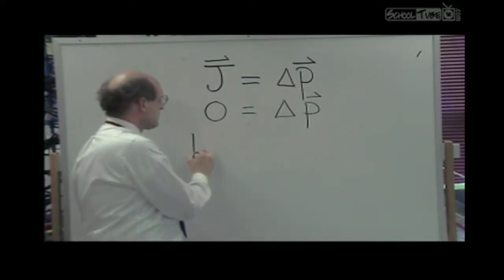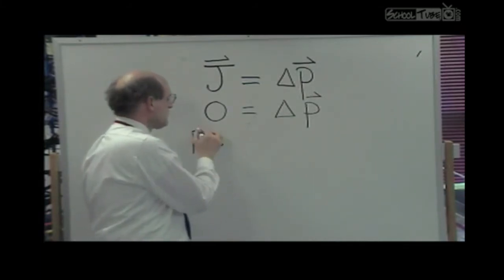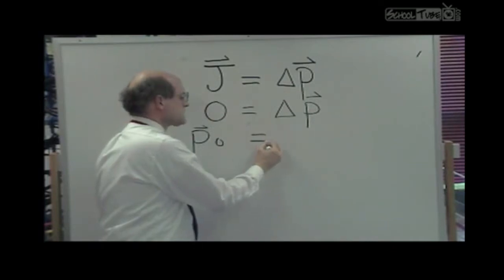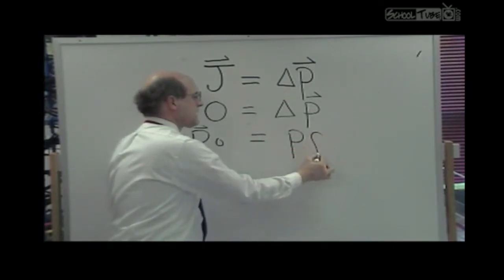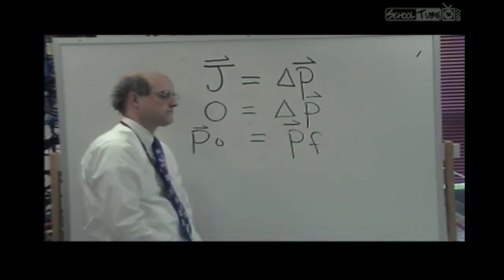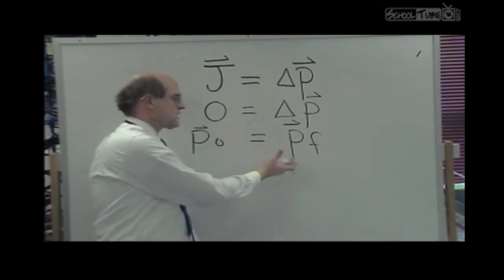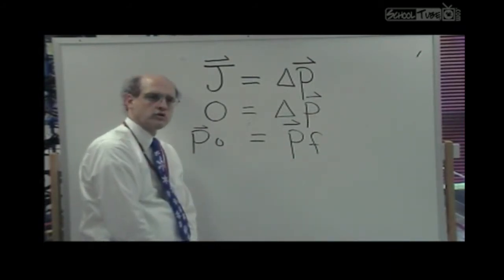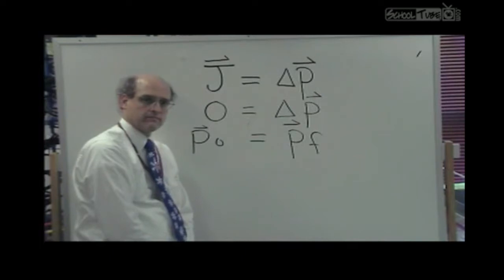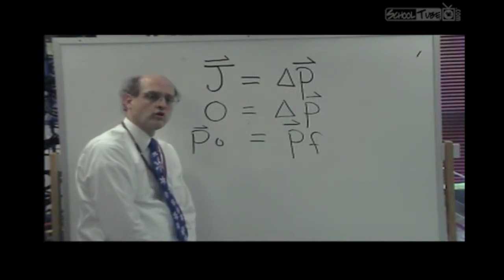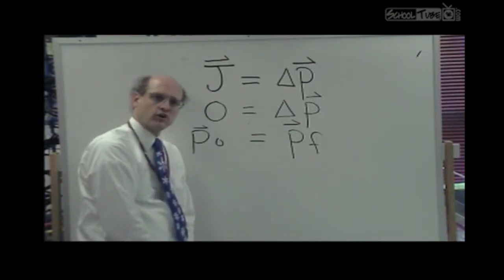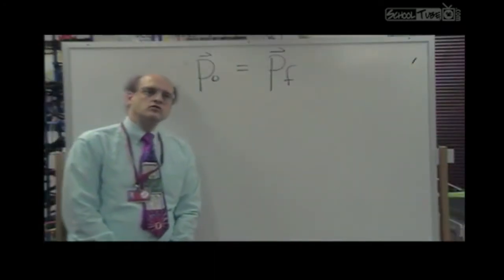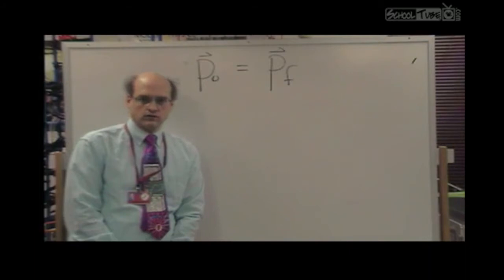Therefore, the original momentum of the system is equal to the final momentum of the system. This is known as the law of conservation of linear momentum. And it really is a result of Newton's third law. In a closed, isolated system, momentum is always conserved.